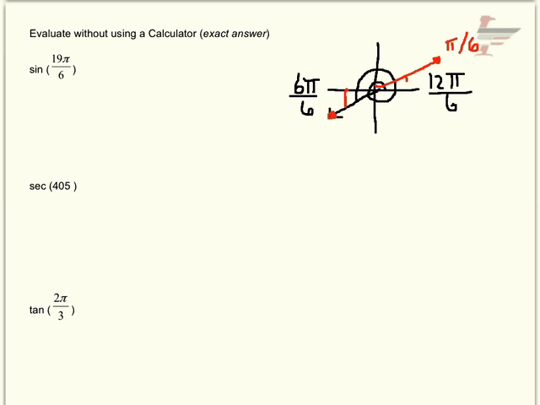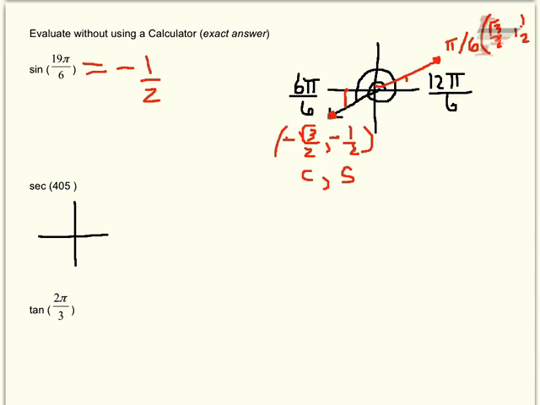If you have your first quadrant memorized, you know that that's square root of 3 over 2, 1/2. So over here, it's going to be negative square root of 3 over 2 and negative 1/2. And then I want the sine value, and remember, sine is the y coordinate, so that's going to equal negative 1/2.